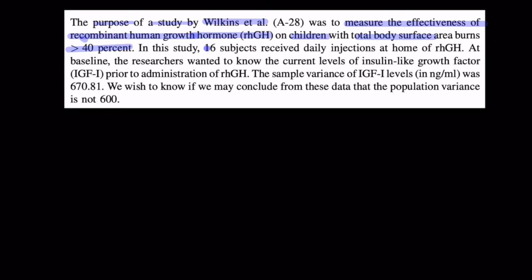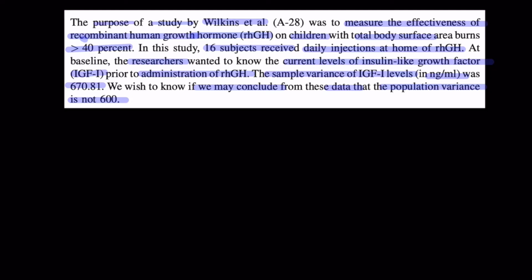In this study, we have 16 subjects who received daily injections of at-home rHGH. At baseline, the researchers wanted to know the current levels of insulin-like growth factor, IGF-1, prior to the administration of rHGH. The sample variance of IGF-1 levels in nanograms per ml was 670.81. We wish to know if we may conclude from these data that the population variance is not 600.